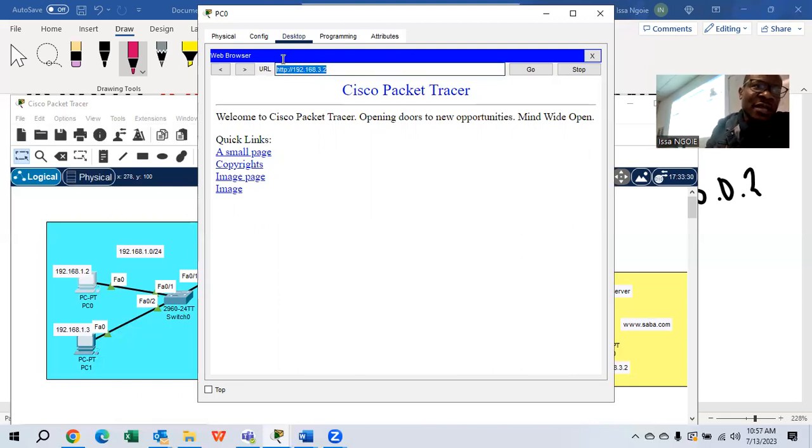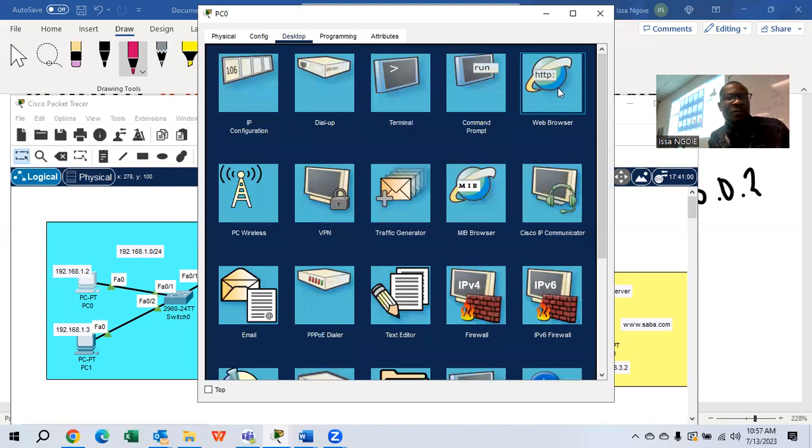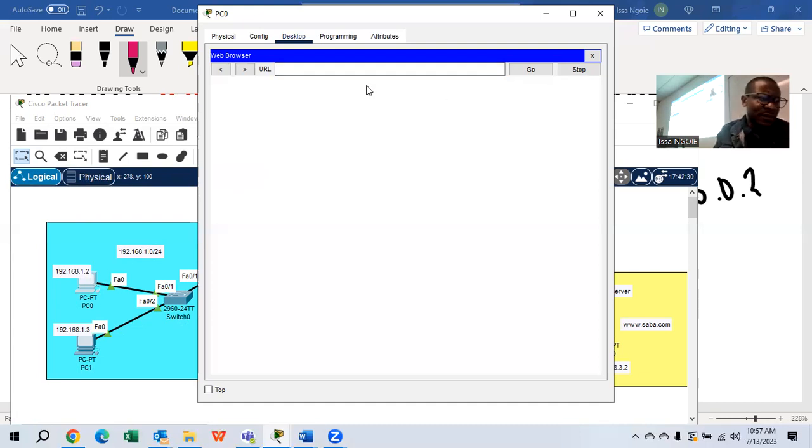Now let's try to access it using the domain name. First, I have to restart. I'm going to try my domain name. For you using the domain name, what does it say?